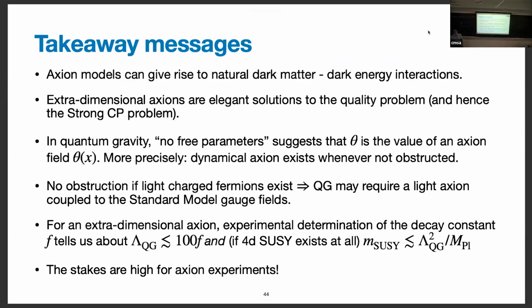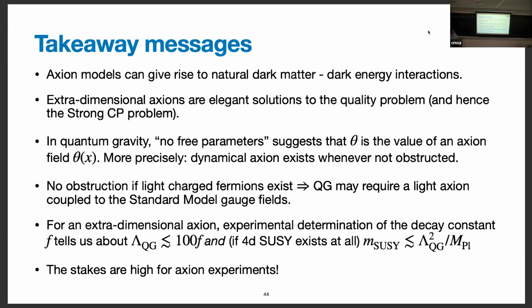But let me wrap up my talk. Axions are interesting for phenomenology. They were invented to solve the strong CP problem. They can also give us natural models of interacting dark matter and dark energy. Extra dimensional axions in particular are good for solving the strong CP problem. I have tried to suggest to you that folklore about quantum gravity not having free parameters might be made more precise in a way that really points to the existence of axions, in particular in standard model-like theories that have light charged fermions.